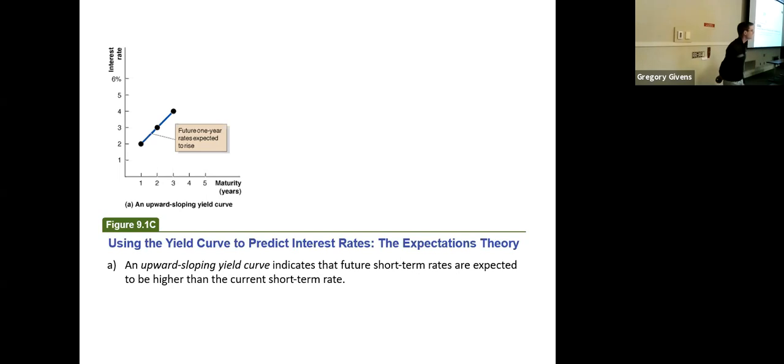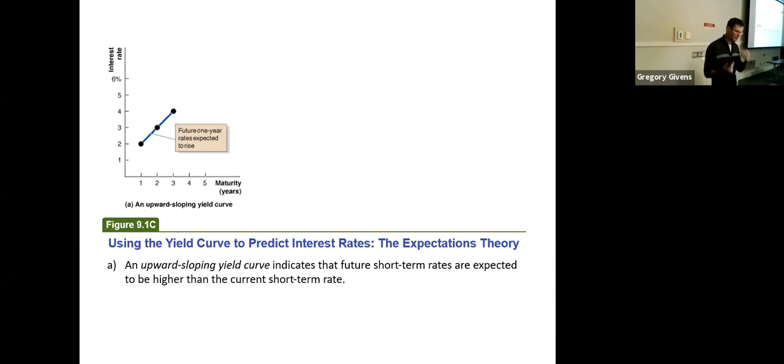And we derived that term structure equation in the last class that shows this theoretical relationship between current and future short-term interest rates and current long-term interest rates. All right, and then we did a couple of exercises together.